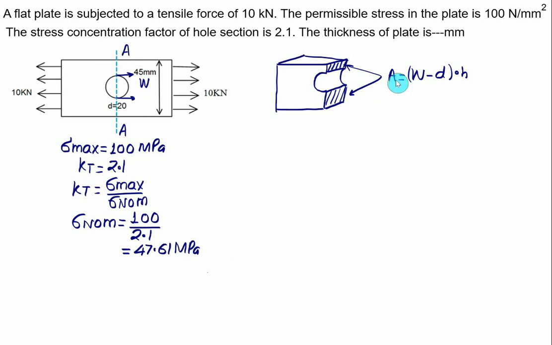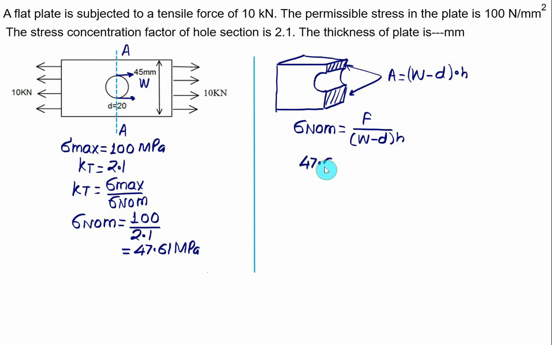Now this area which is resisting the force F will produce the nominal stress. So we have nominal stress equal to force divided by area, W minus D multiplied by thickness h. Already we know the value of nominal stress, that is 47.61.